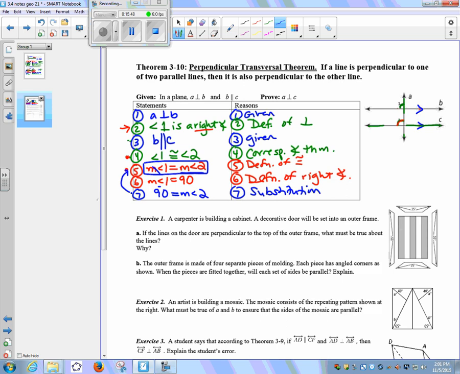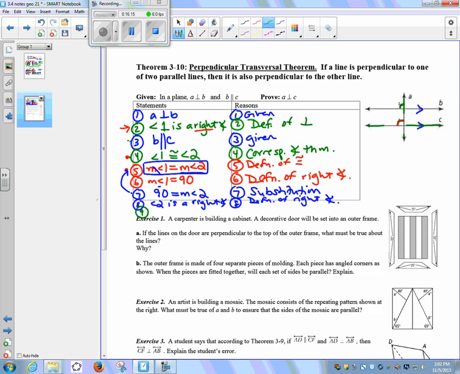Well, if angle 2 equals 90 degrees, then I can say angle 2 is a right angle. Right angle because of the definition of right angle, right? Because I knew it was 90, so I said, oh, that makes it a right angle. That's because I know what a right angle is, not anything else.